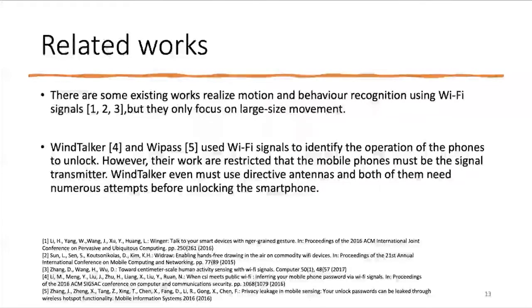However, their work restricts the mobile phone to be the signal transmitter, which means they have limited usage scenarios. WinTalker even must use directional antennas, and both of them need numerous attempts before unlocking the smartphone.